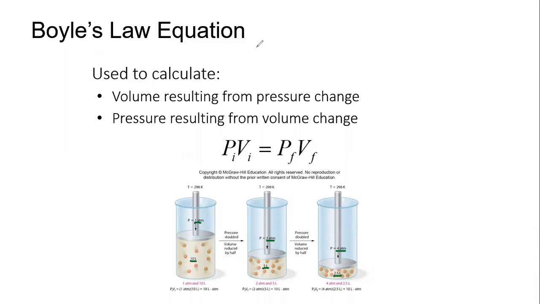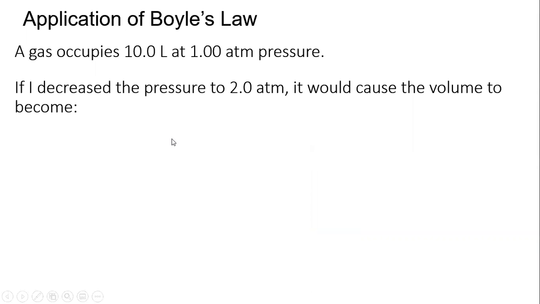Now we're going to look at some examples involving this. So here we have a gas that occupies 10 liters at 1 atmosphere. If we increase the pressure to 2 atmospheres, it would cause the volume to become what?